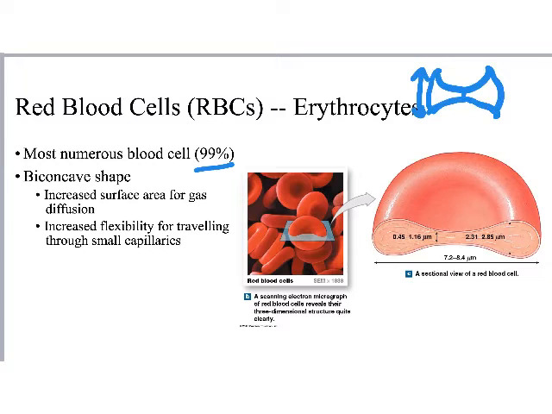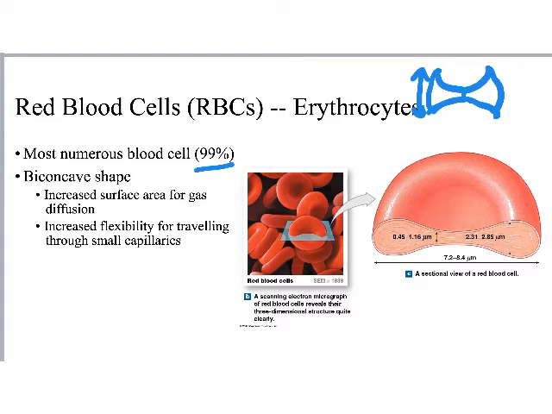So we've been learning in anatomy that so often the structure creates the function, or the structure determines the function, or the function is determined by the structure. And here's just another example. The function of the red blood cell is to allow gases to exchange.